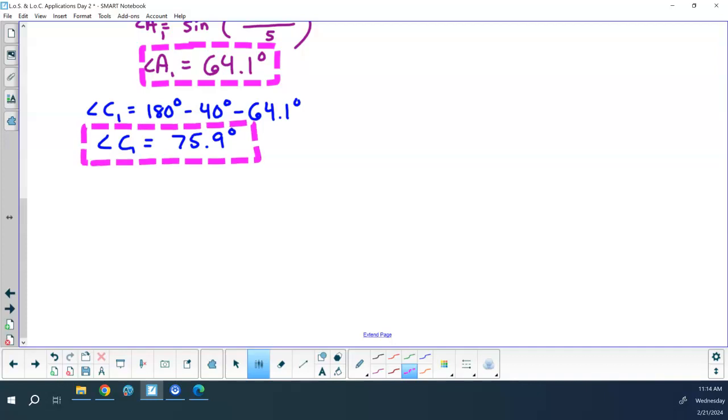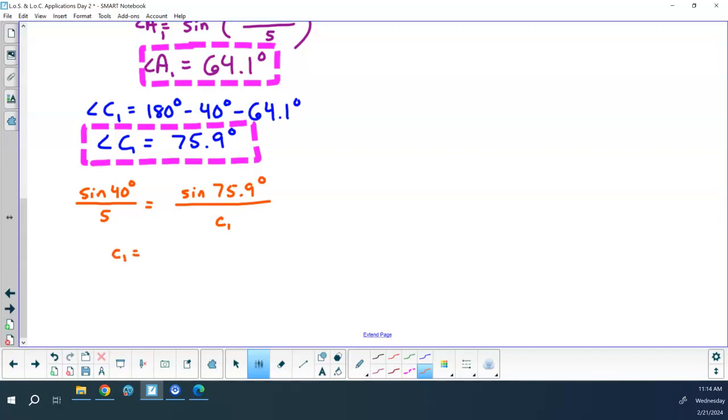Then we can go back to the sine of 40 degrees over 5 is equal to the sine now of 75.9 degrees over side C sub 1.